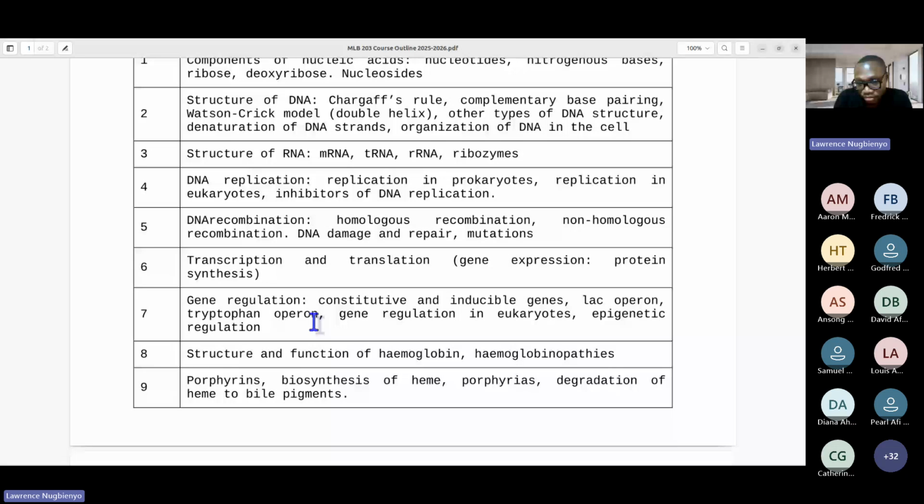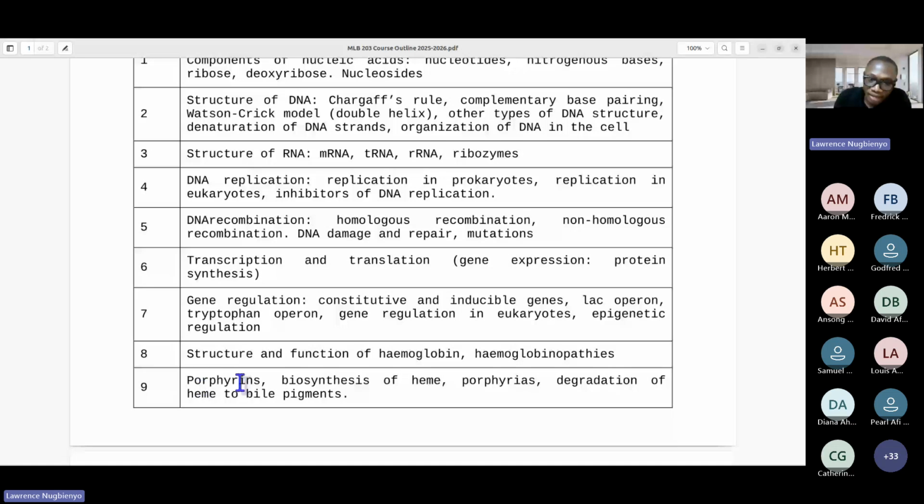Hemoglobin is a combination of a prosthetic part, which we are calling heme, and a protein part, which is the globin. So we'll look at how that heme is synthesized in the body, and also how the heme is broken down.